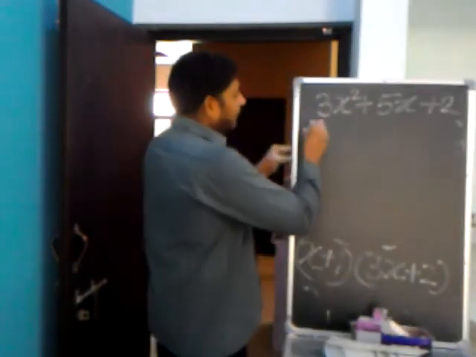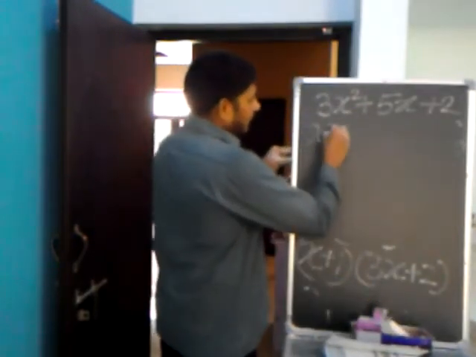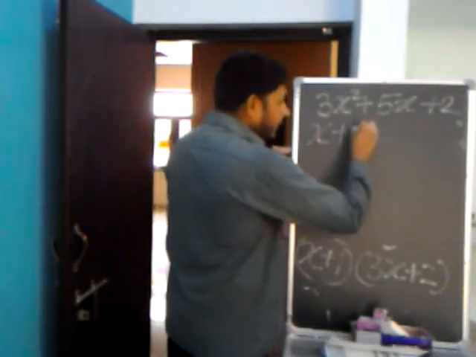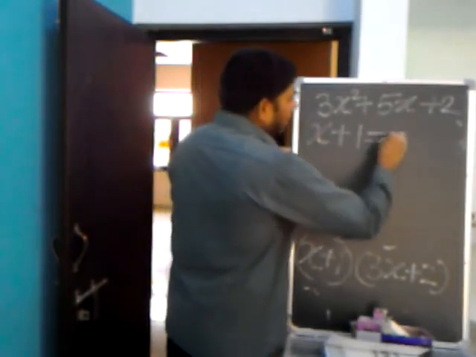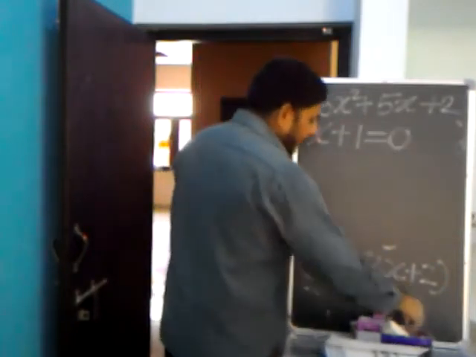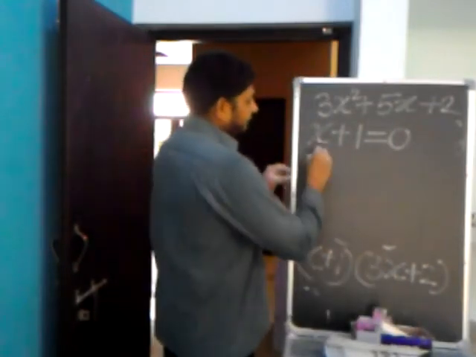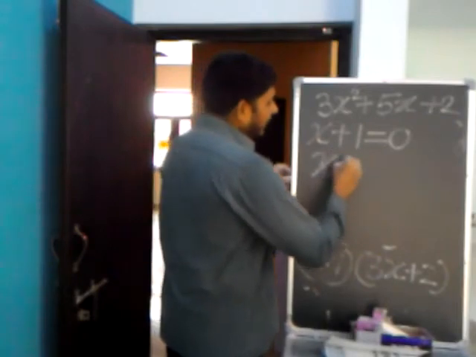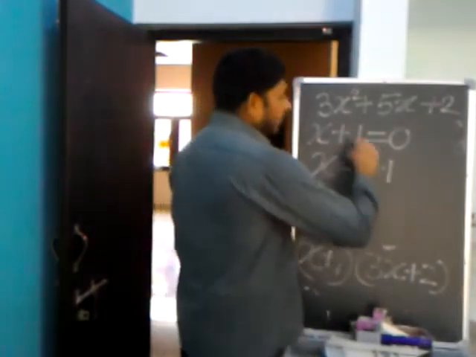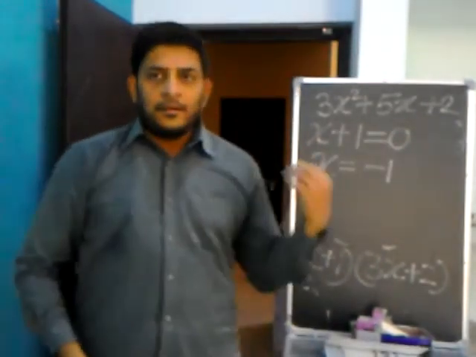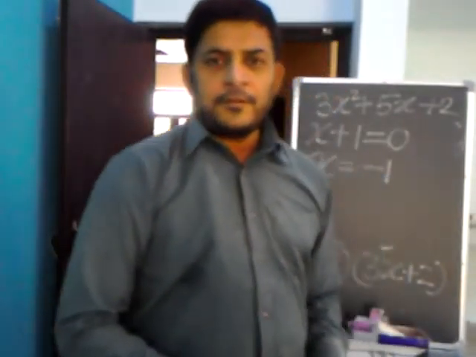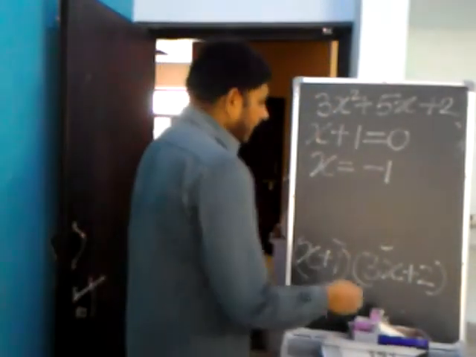Now the x plus 1 is equal to 0, because we know that the value of both the factors is 0. On transposition I will get minus 1, because 1 went here. It had a positive sign, so it became negative.